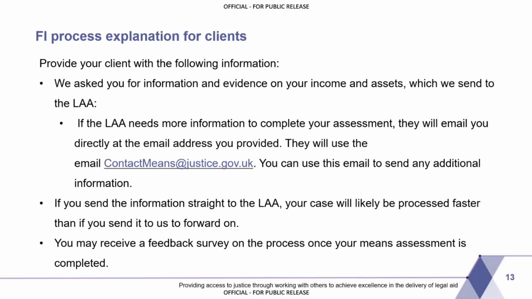They will use the email contactmeans@justice.gov.uk, and you can use this email to send any additional information. If you send the information straight to the Legal Aid Agency, your case will likely be processed faster than if you send it to us to forward on. You may receive a feedback survey on the process once your means assessment is completed. This information will be in the guidance that is accompanying this webinar.